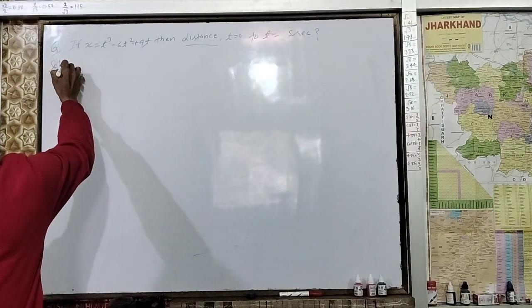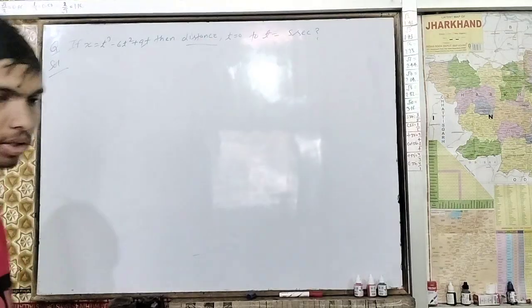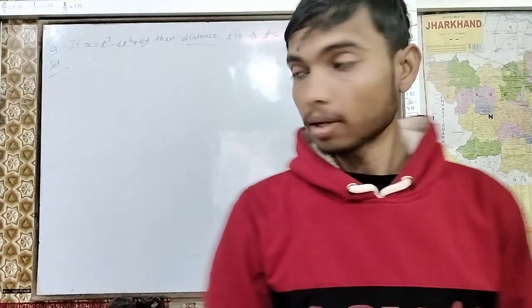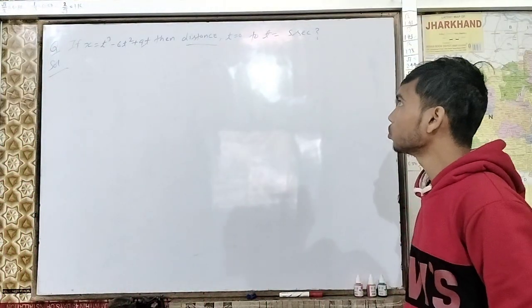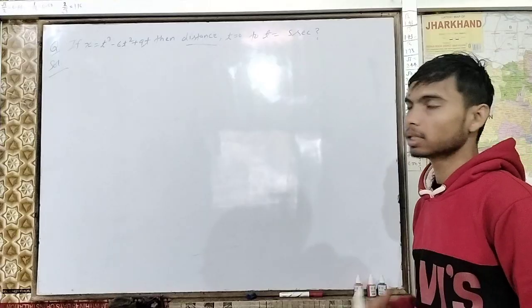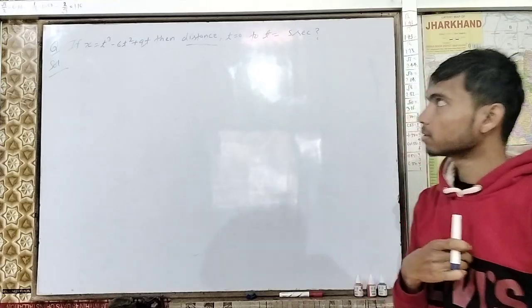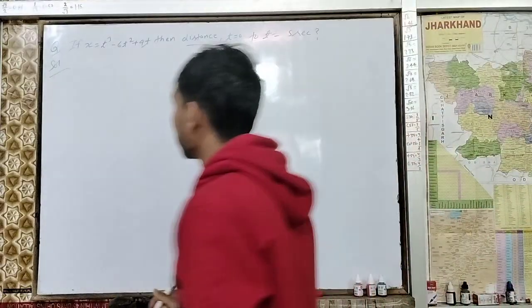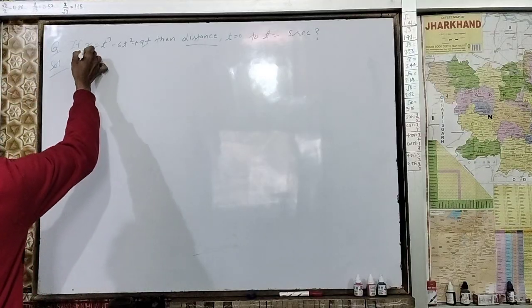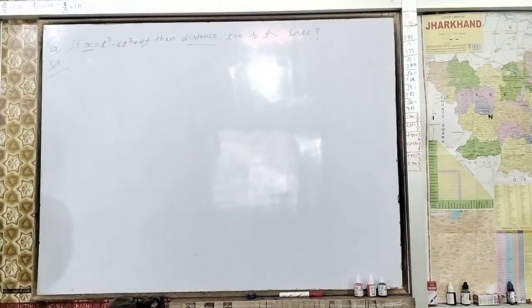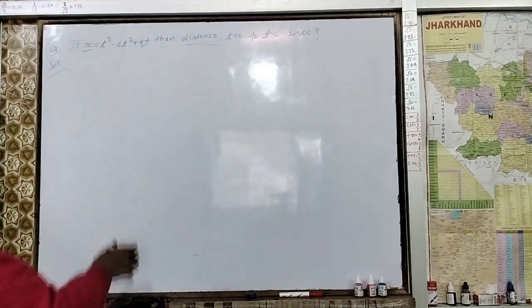We will solve. x is the location of a particle, and we will have to start from 0 second till the 5 second. You are crystal clear that a relation of x and t gives us a velocity.